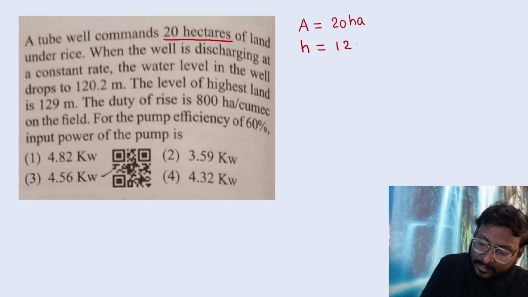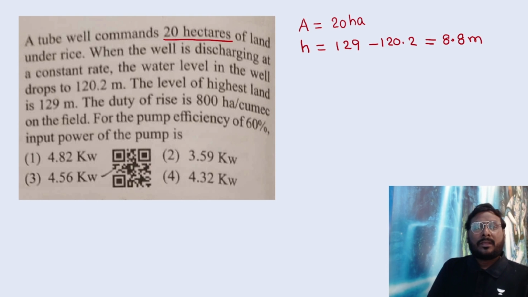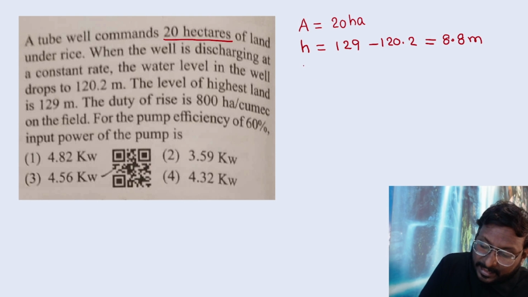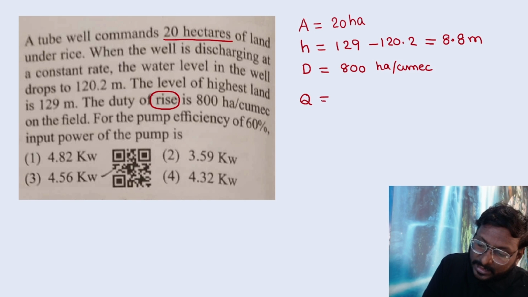What is the head? 129 minus 120.2, which is 8.8 meter head. The duty of rice is 800 hectare per cumec. So with duty known and area known, you can get the discharge.